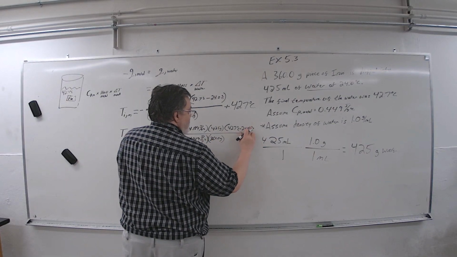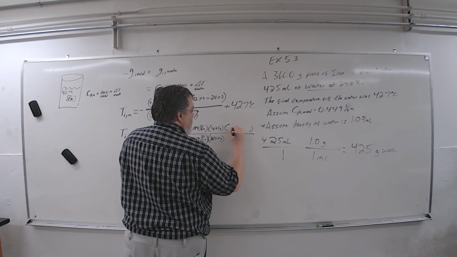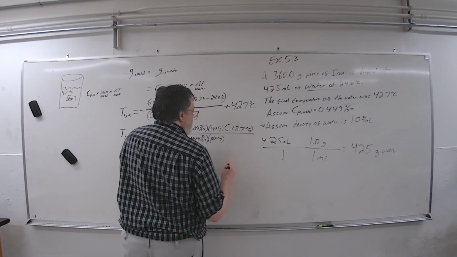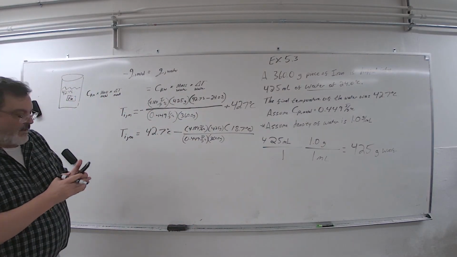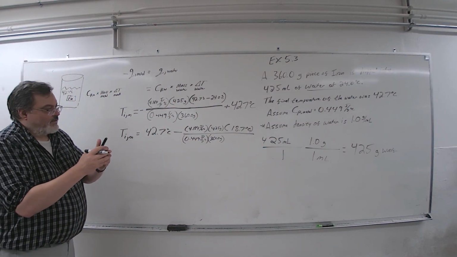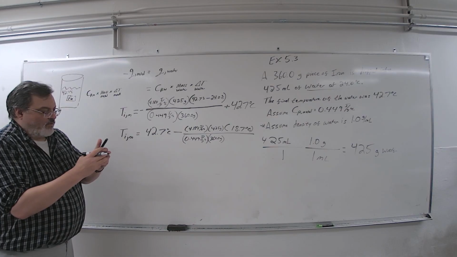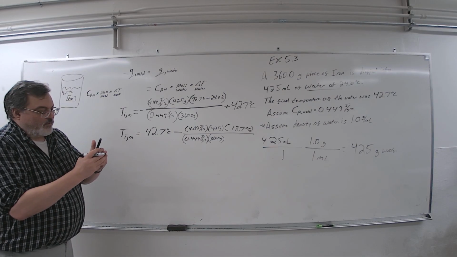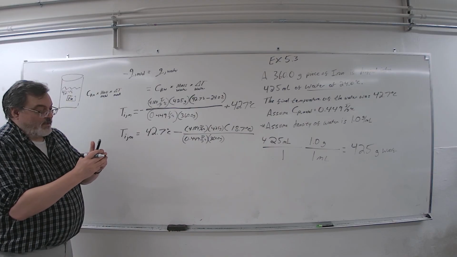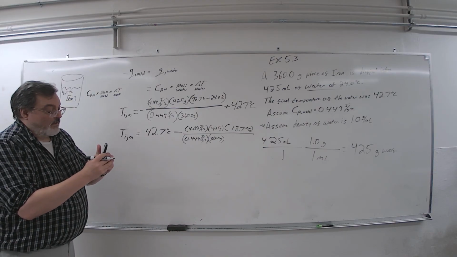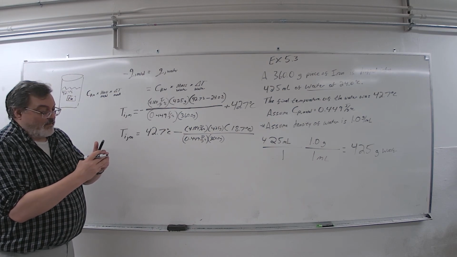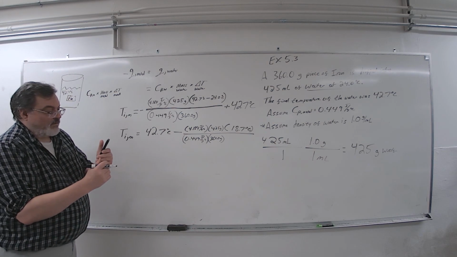I get 18.7 degrees C. And now I can go, this is what I wanted, 4.184 times 425 times 18.7 divided by 0.449 divided by 360.0.